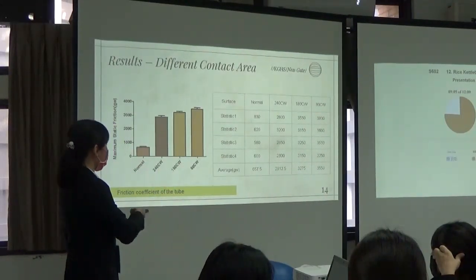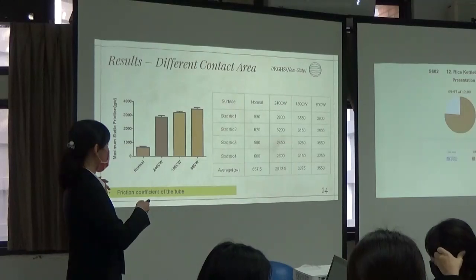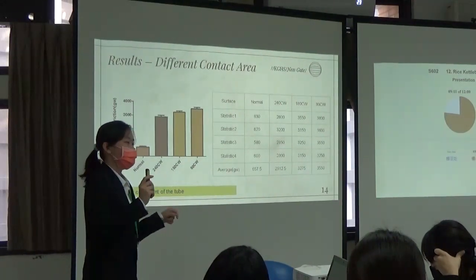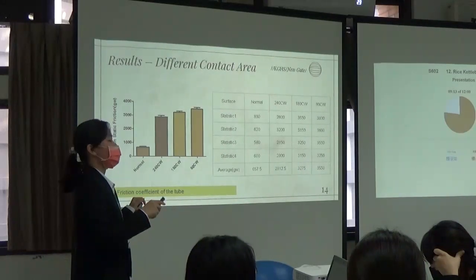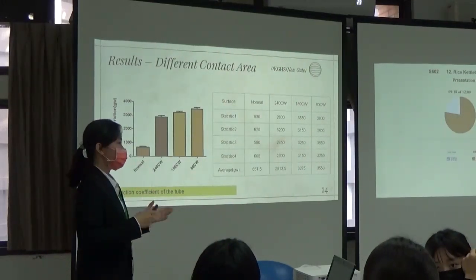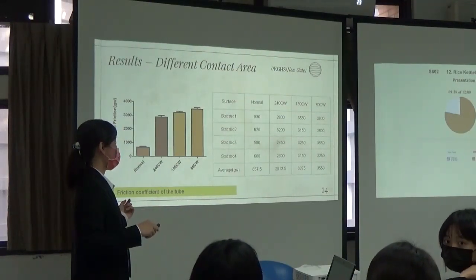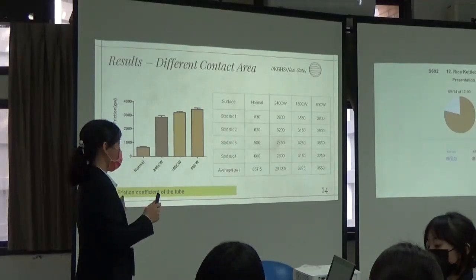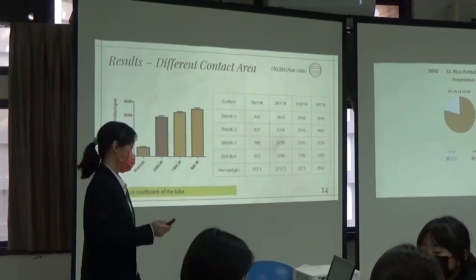So we changed the mu_s of the outside, which is 240 cW, 180 cW, and 80 cW, and 80 cW has the biggest mu_s. This result proves that with bigger friction on the inner side of the vessel, we can pick up a bigger mass of the whole system.